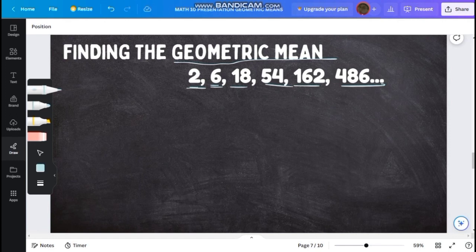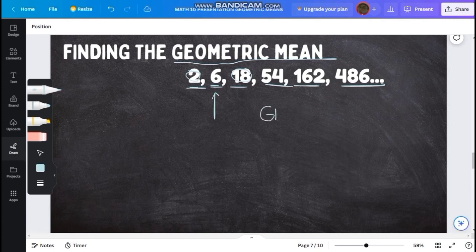Let's try to find the geometric mean of 2 and 18. Keep in mind, the geometric mean of two numbers is simply the middle number of that geometric sequence, so in this case it's 6. So the geometric mean of 2 and 18 is 6. Let's prove this by using the formula.